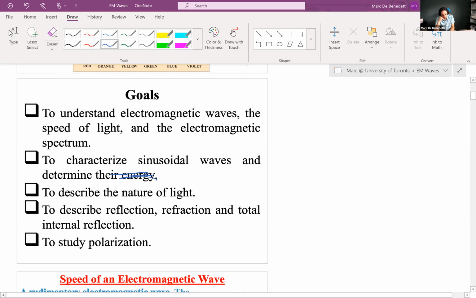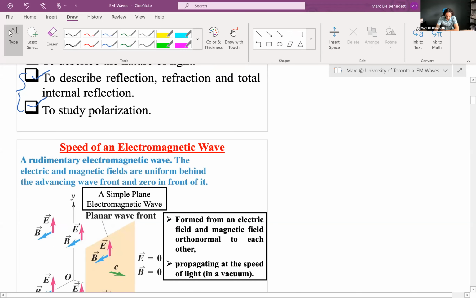We will not be doing energy. We will not have time to do energy in the same way that we didn't do magnetic energy. And then after all of this is taught, hopefully students are able to describe the nature of light, how we can create light, what creates light fundamentally. And we've already sort of done these previously in a previous chapter.